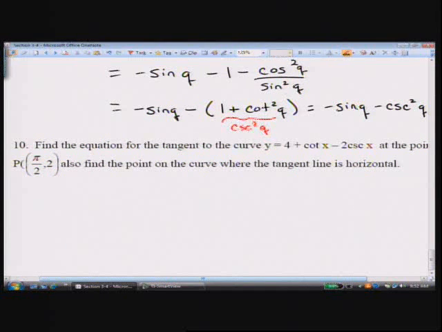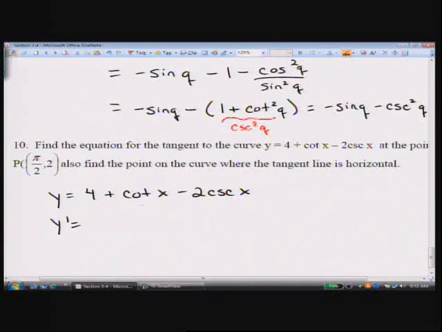Find the equation of the tangent line at the point pi over 2, 2. Also find the point on the curve where the tangent line is horizontal. Okay. All right. So to find the equation of the tangent line, we first need to find the derivative. So if y equals 4 plus the cotangent of x minus 2 cosecant x, the derivative of 4 is 0.